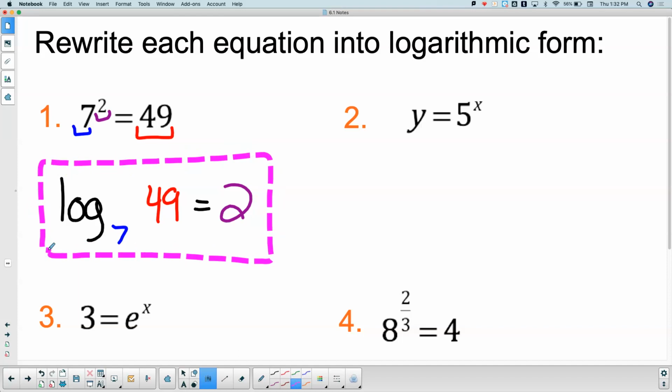Log base 7 of 49 equals 2 is that answer.